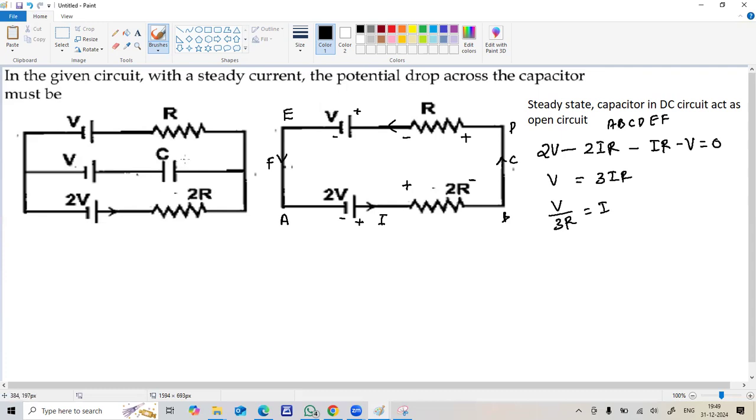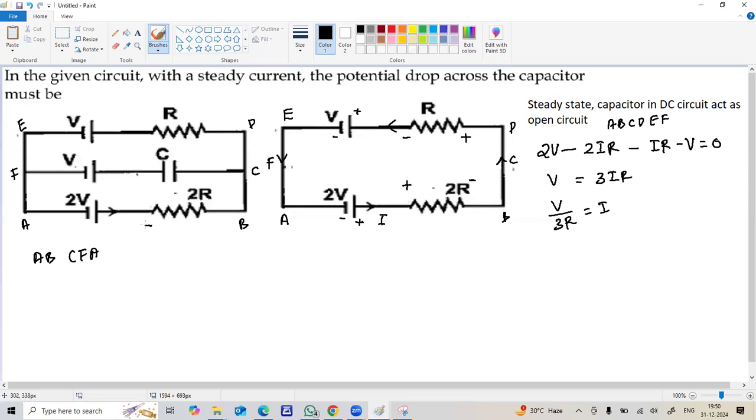Now, if you want to find the potential difference of the capacitor, you must take a loop including the capacitor. So A, B, C, then F, A. The D part we don't want. So A, B, C, F, A. Here also the current goes this particular way till here, but there is no current through the capacitor branch.